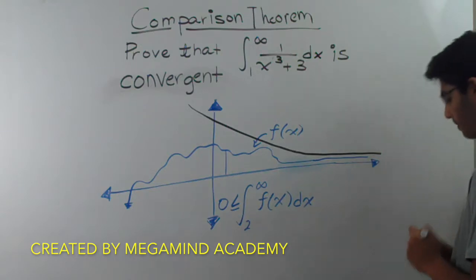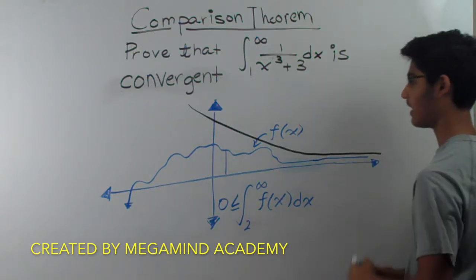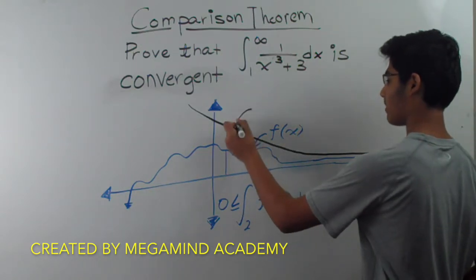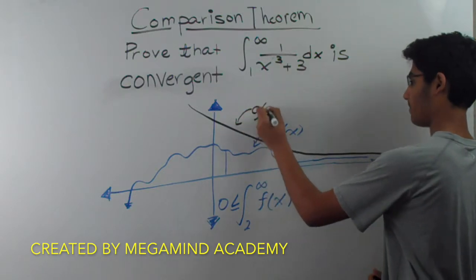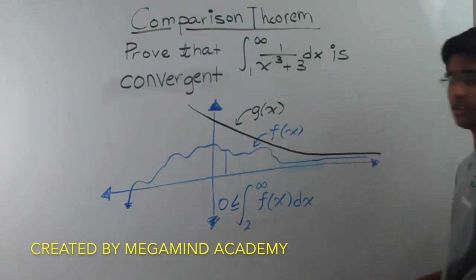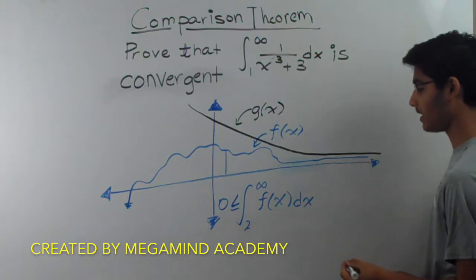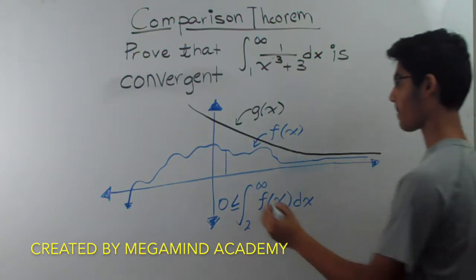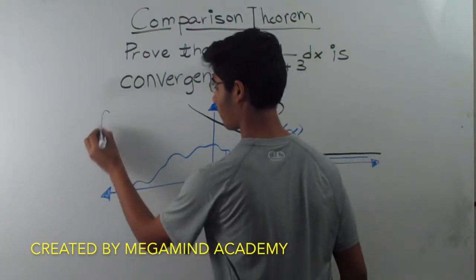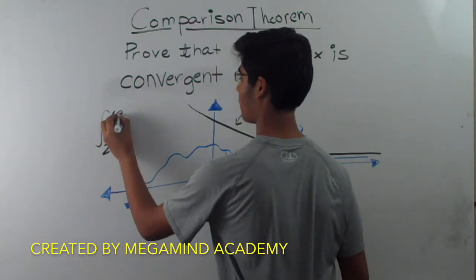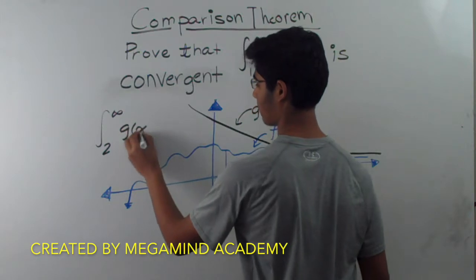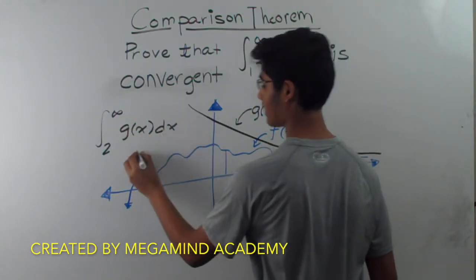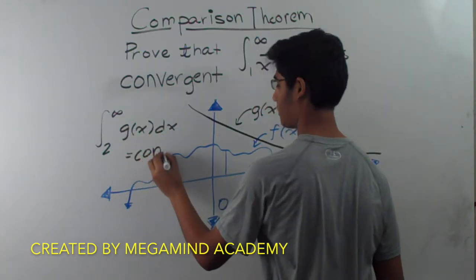And let's say that this black function here is g of x. And let's say that we knew that the integral of g of x from 2 to infinity was convergent. So the integral from 2 to infinity of g of x is convergent, so CON for short.